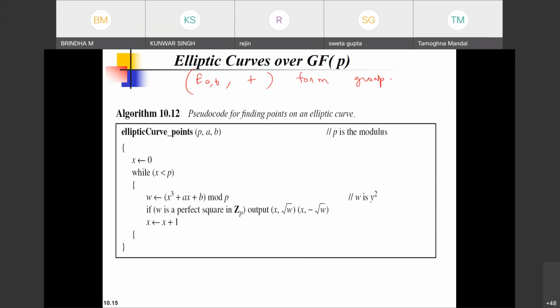This you can easily prove. Why? The first property is the closure property. If you add 2 points, again it belongs to this set E_AB.